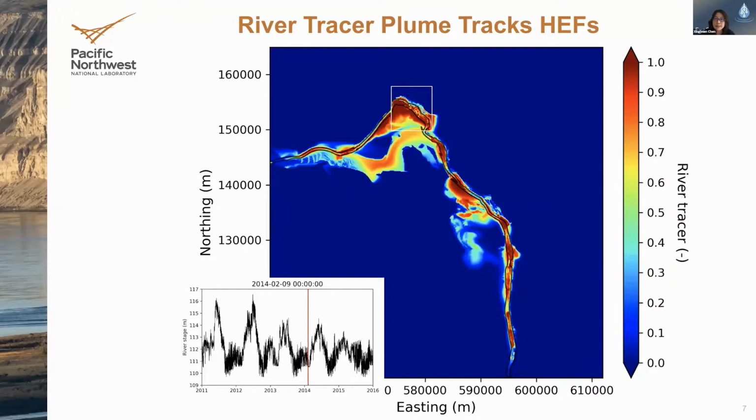For example, across the big meander over here, there's a preferential flow path of exchange that is promoted by a paleo channel we have identified from geological records from all those wells that have been drilled in this system.